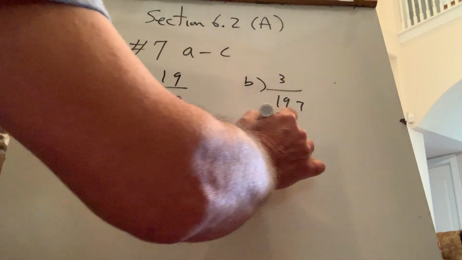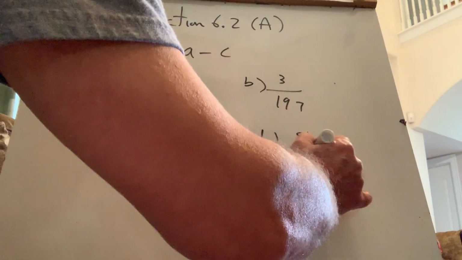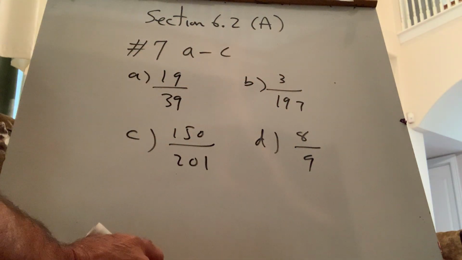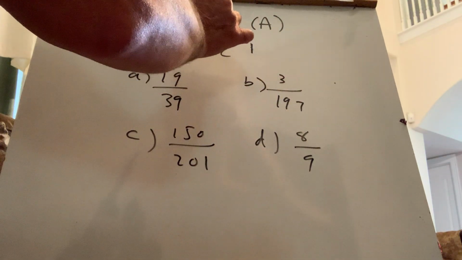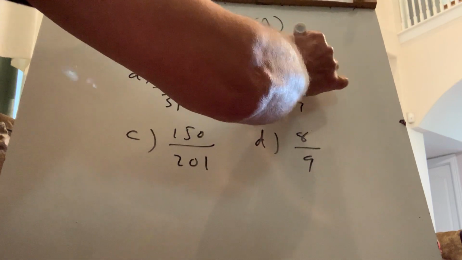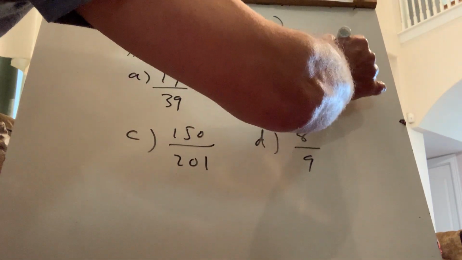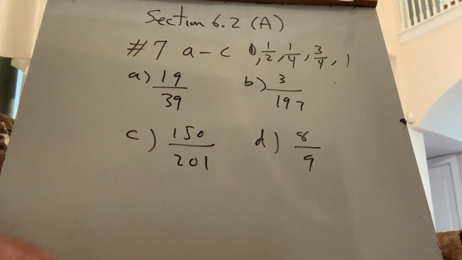And the last one, part D, is 8 over 9. They want us to decide, for these 4 fractions, which of these options each value is close to. The options are 0, 1/4, 1/2, 3/4, and 1. They want to see which of these numbers the fractions are close to.